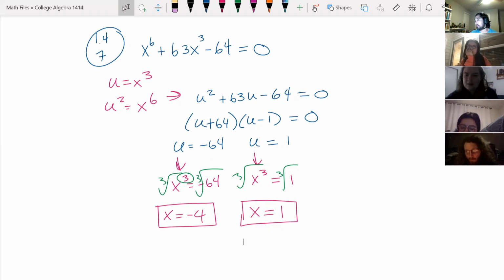Like when plugging them in? Yeah, you'll plug them in, but I don't want to know what 4 to the 6 is, so I'd use a calculator for that.